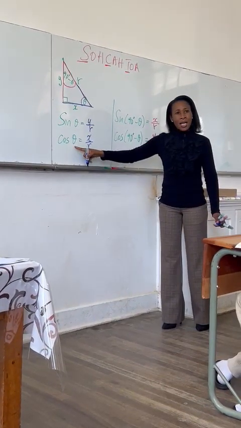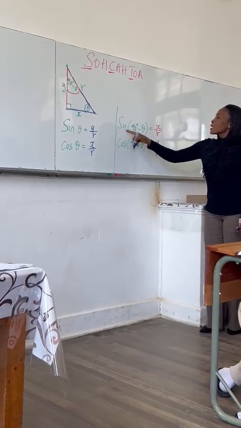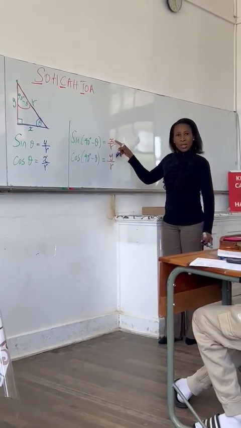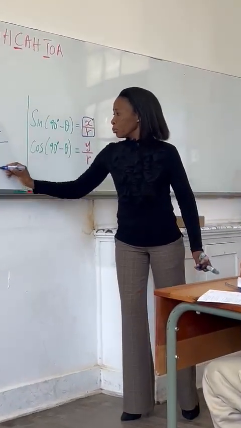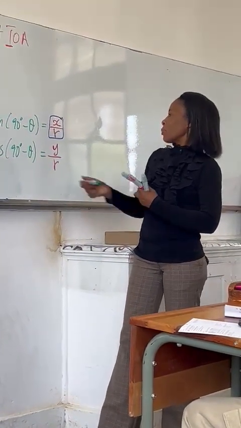What do you notice? Cos theta is equal to X over R. Sine of 90 degrees minus theta is equal to X over R. Do you notice what they are both equal to? Do you understand what I'm saying? Now, coming here.